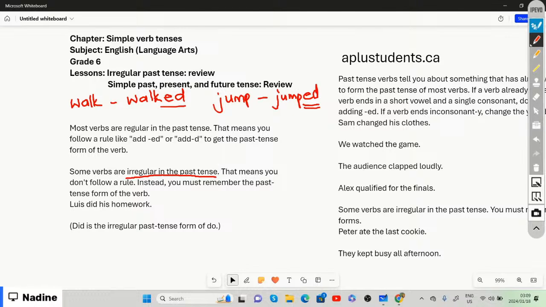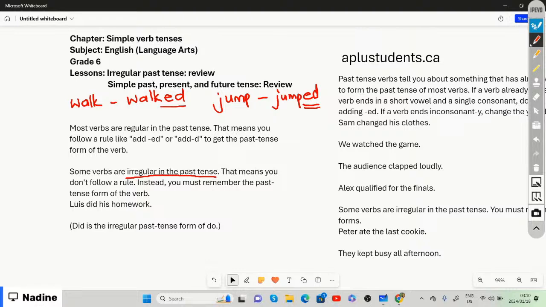This means that you don't follow a specific rule, and you're just going to have to remember the past tense form of that verb. So instead of adding ed to the word, it's not going to be like that, because you can't just add ed or just add d to the word when it comes to the irregular past tense.